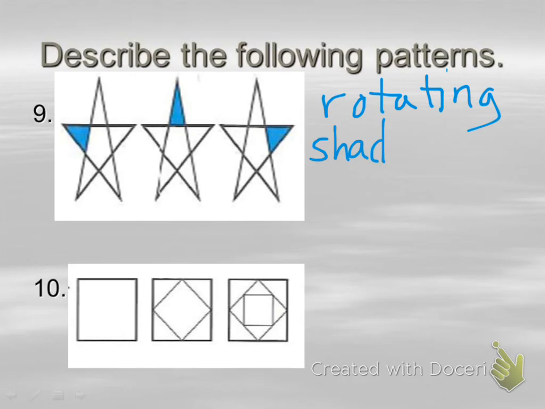So we're rotating the shaded piece, or these are actually triangles if you want to be technical. So we are rotating the shaded triangle right. Or if you want to say clockwise, that works too. If you want to call the triangle the piece, that's fine. If you want to use blue instead of shaded, that's fine. Many different variations of the same correct answer.